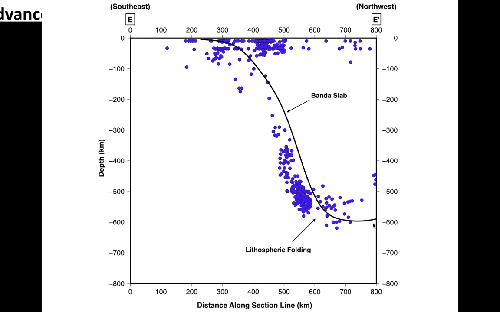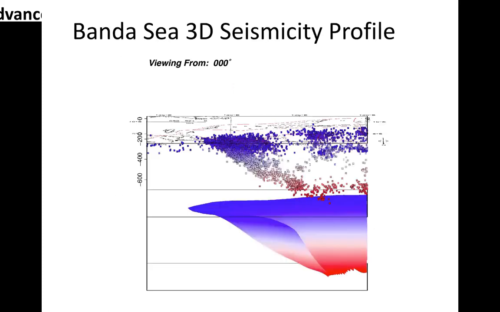And following the collision of the Australian continental margin with the Banda arc, the mantle is increasingly more resistant to tectonic motion, and thus continues to fold the slab, which you can get a better idea of its complexity in 3D.